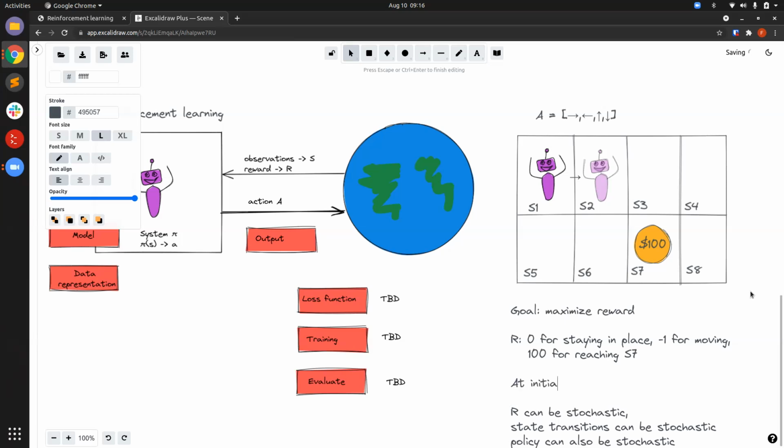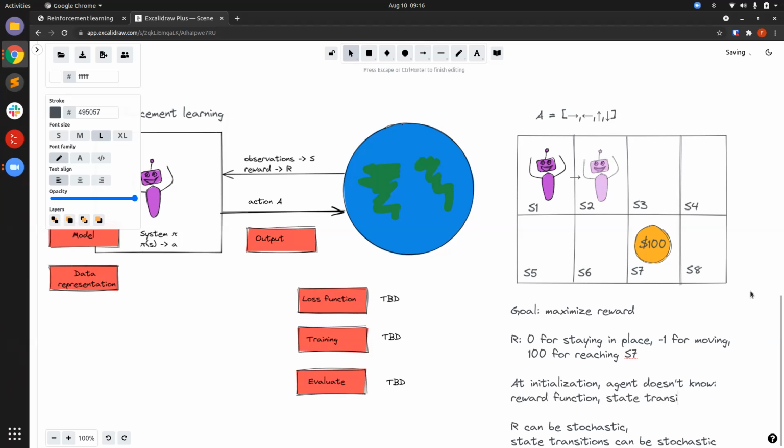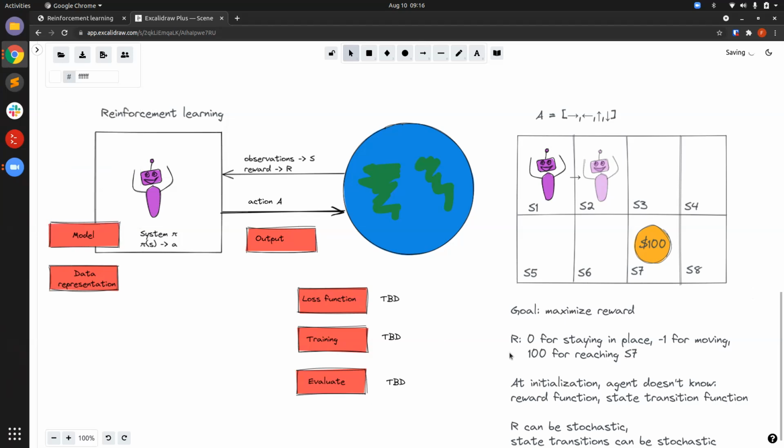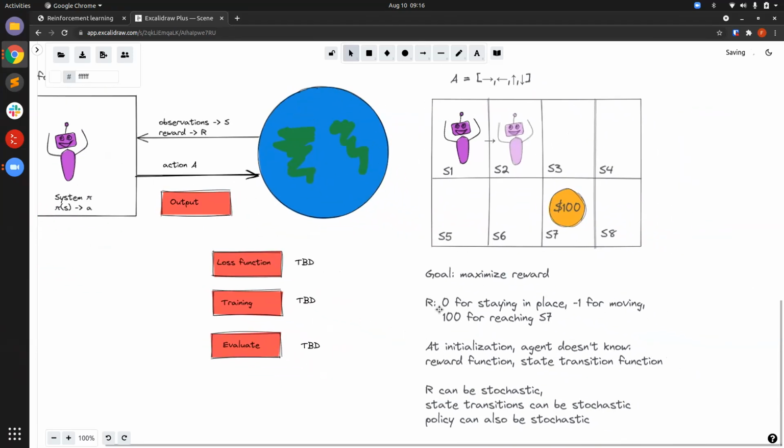So at initialization, the agent doesn't know any of the following. It doesn't know a reward function. It also doesn't know the state transition function. So when we start off interacting with this world, we don't know anything about it. Also, a lot of the interactions we have with the world are stochastic.